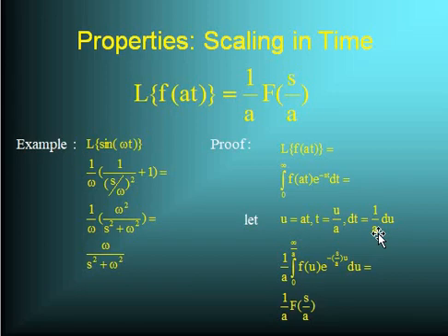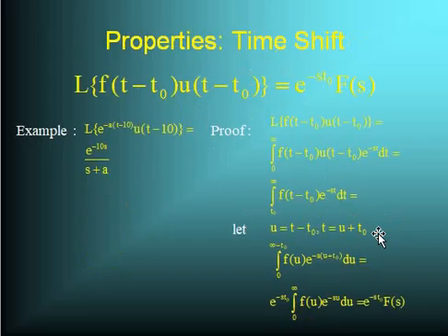Then the scaling property: Laplace of f of at equals 1 over a times F of s over a, and it is illustrated with the example of sin omega t. Next, the shifting property.